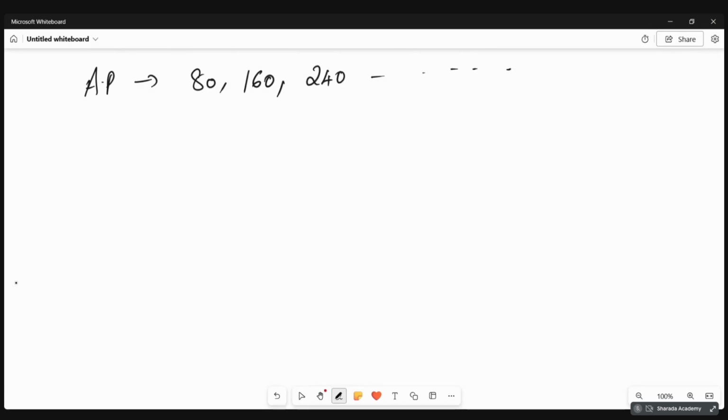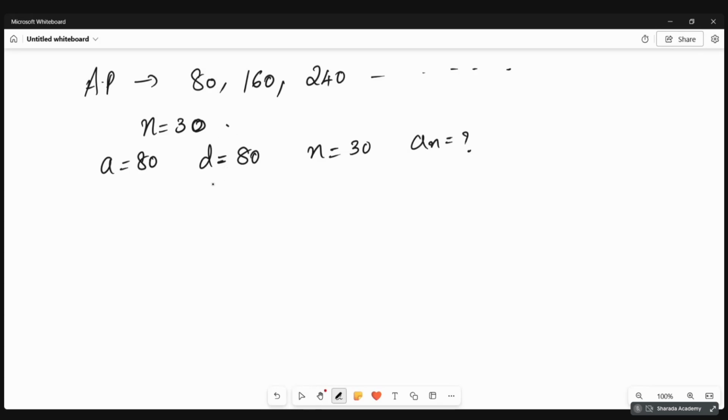So he is asking, after 30 years, what will be the amount? So N is equal to 30 years. A is equal to 80 here, D is 80, N is 30. So find A30. After 30 years, what is the amount of interest he will take?